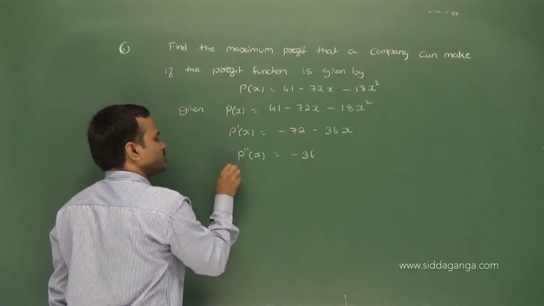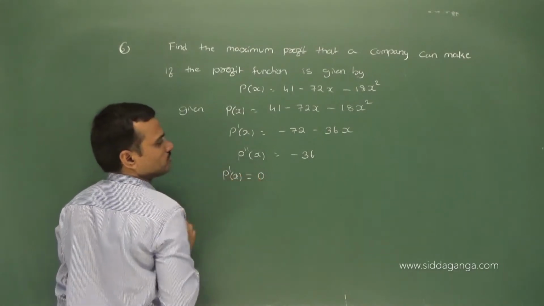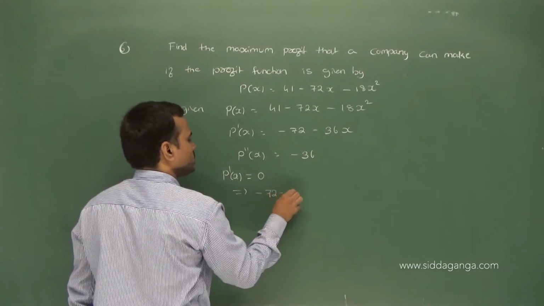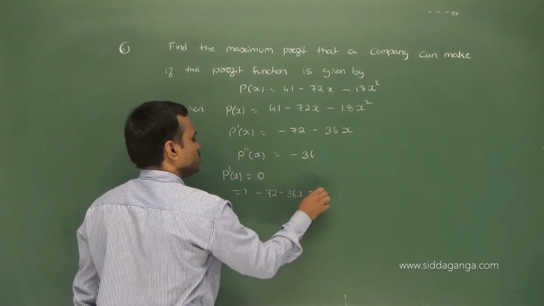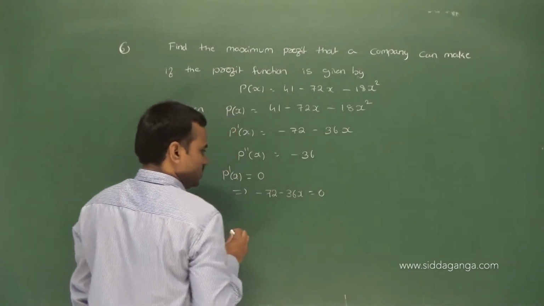So P dash of x is equal to 0. That implies minus 72 minus 36x is equal to 0. Correct now? Then how to solve this one?